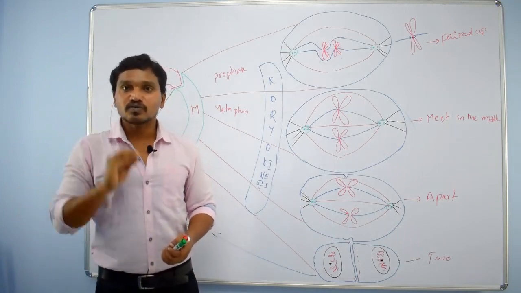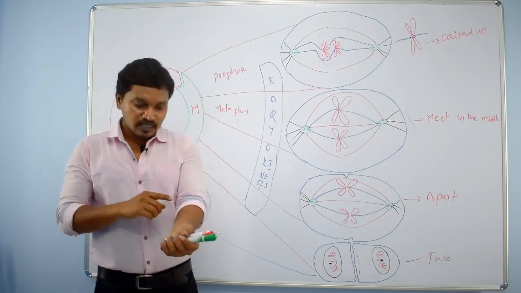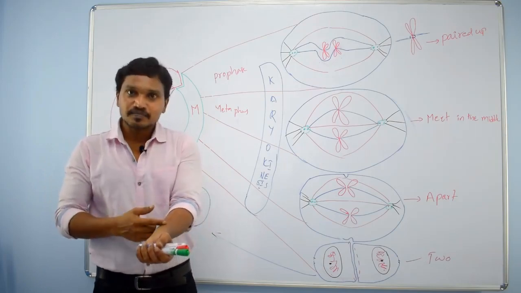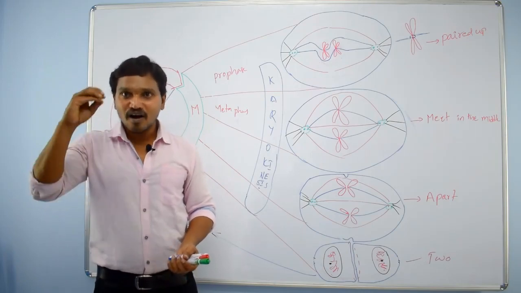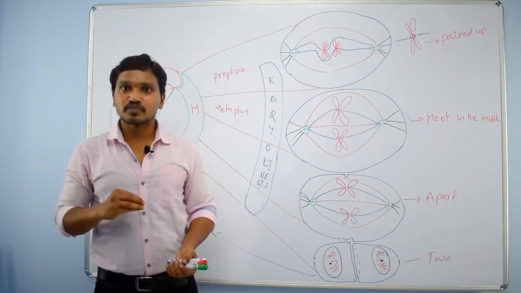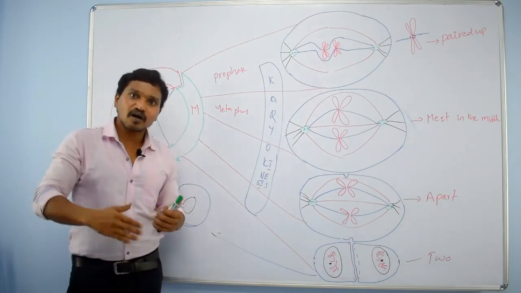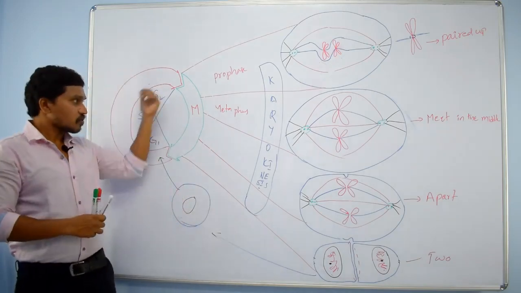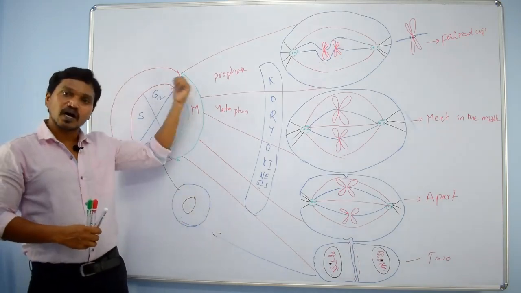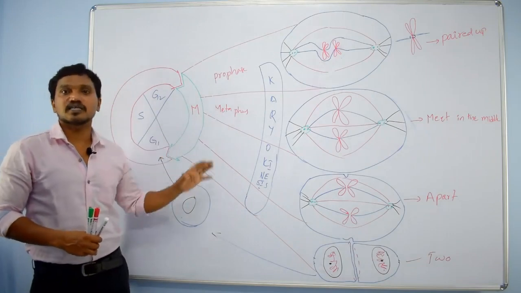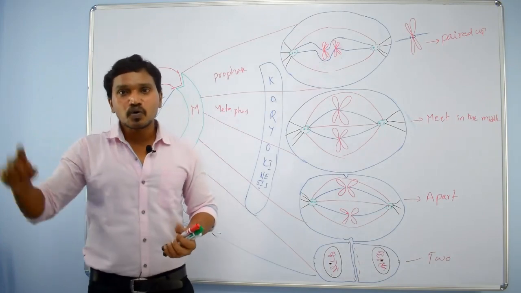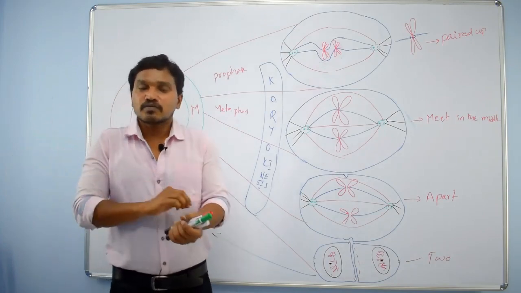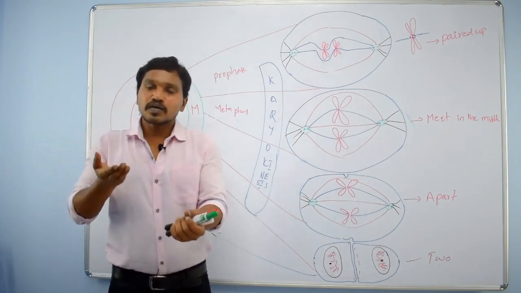So what are those cells? Example, cells which are present in the skin, cells which are present in the lining epithelium of GIT, right. All these cells undergo mitotic division. That means they will always be present within the cell cycle, they will not come out. That means there will be regular turnover, torn cells replaced by other cells.